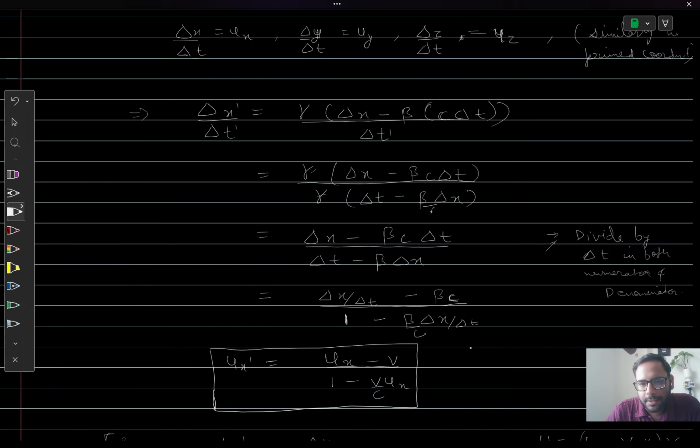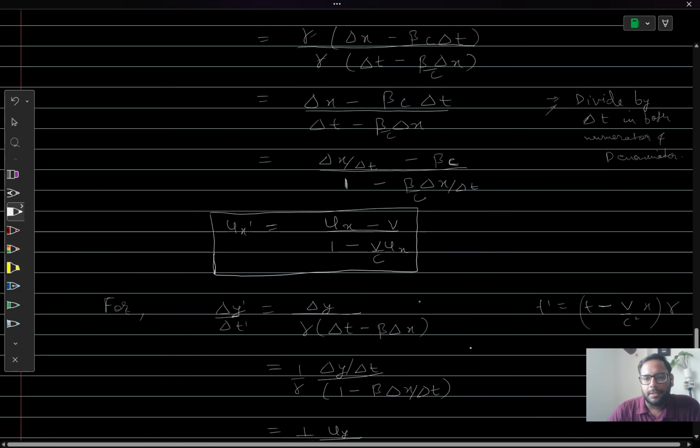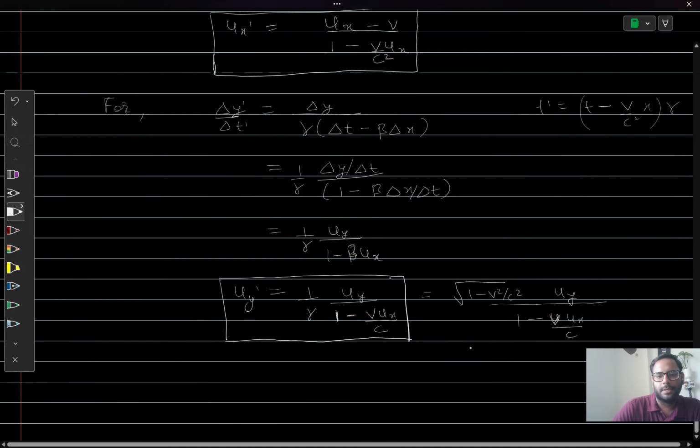So to make it consistent, you just divide it by c, and then it will be c squared. Now it is dimensionally correct.